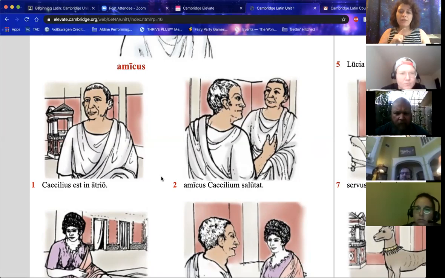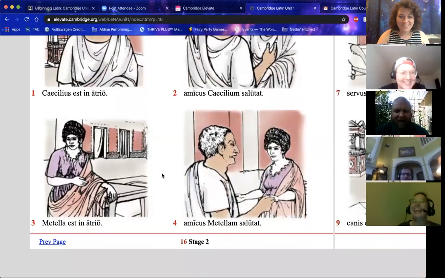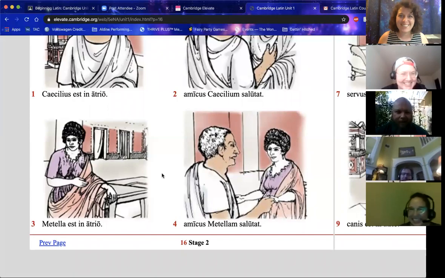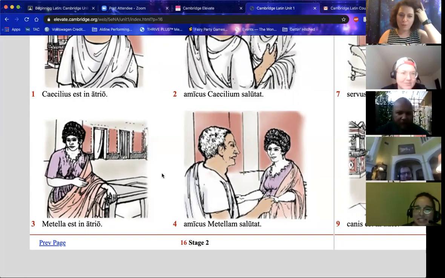Has anything else changed about this word? The location of the word. It's not at the beginning of the sentence anymore. It's no longer the subject of the sentence. Yes, you're right. Exactly. Mostly the children don't know the grammar when I'm teaching it to them, but you already understand it from a more adult perspective.